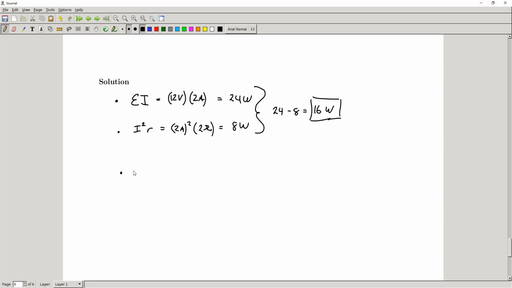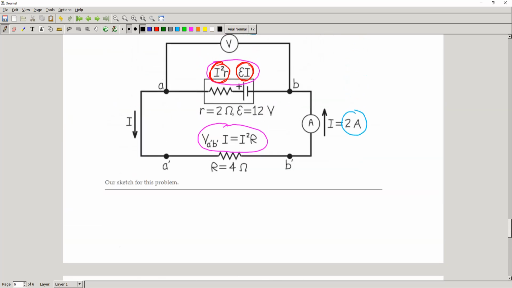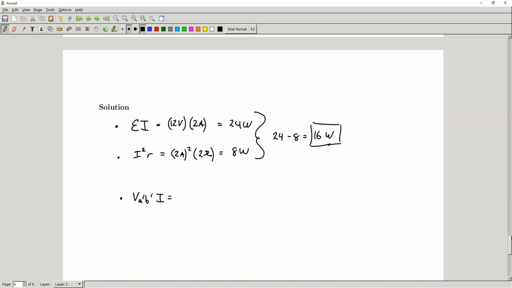We can see that VA'B' times I is the potential difference across A'B' times the current flowing through that resistor. That's going to be equal to 8 volts times 2 amps, equal to 16 watts, right?